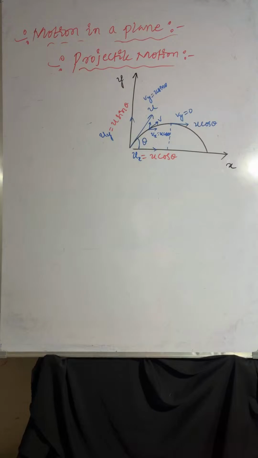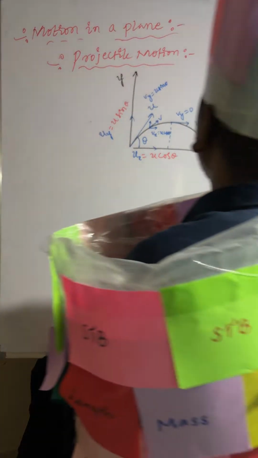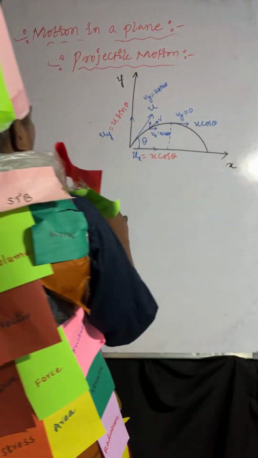When it reaches the maximum height, the vertical velocity becomes 0. I hope it is very clear. Only the horizontal component of velocity, u cos theta, will be remaining.